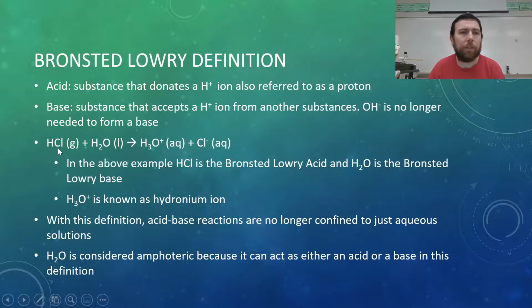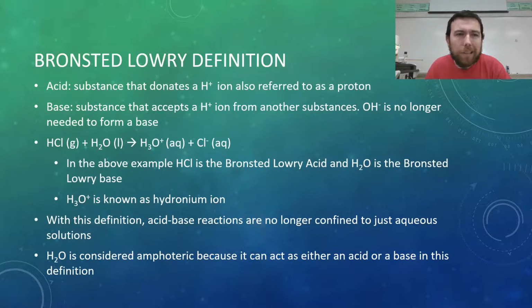I've listed here an example to consider: the reaction of hydrogen chloride gas with water. What we can see happening is that in that process, the hydrogen chloride donates an H plus to water, and then the water accepts that H plus.